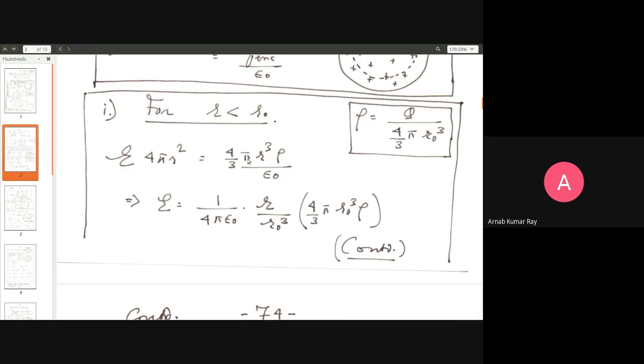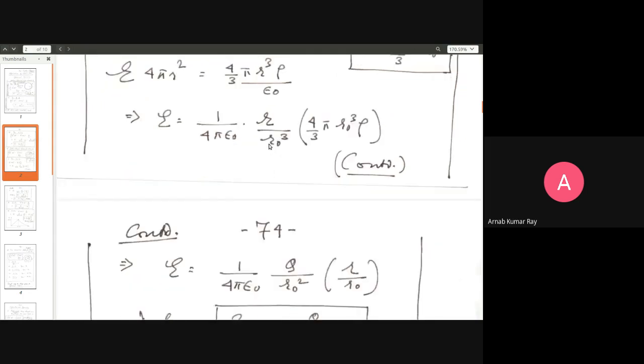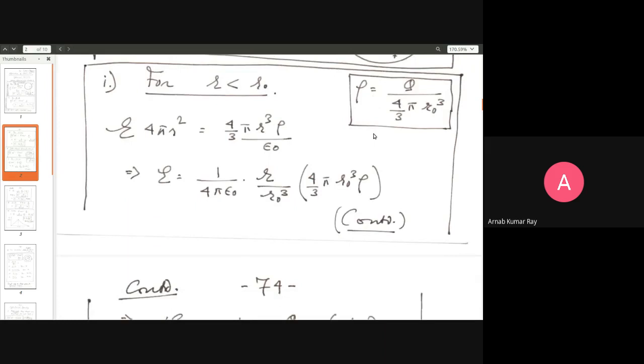So I have 4 third pi rho r naught cubed, and then I'm dividing by r naught cubed. And then you have a 4 pi r squared from the left-hand side that comes down over here. You have 4 pi epsilon naught. And this r squared and this r cubed will cancel, and you just have a single r here.